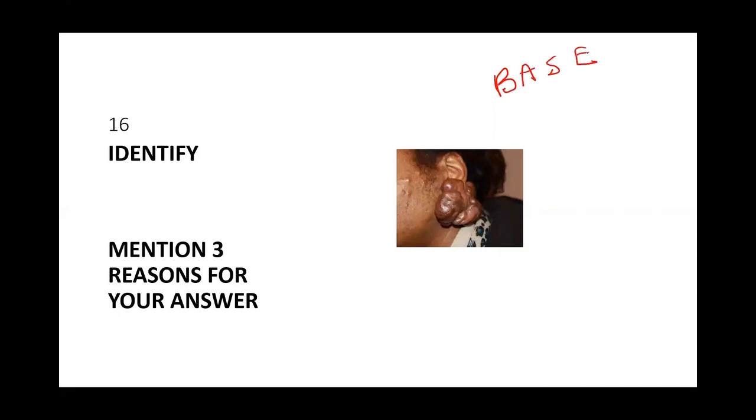Okay. Let me give you a minute. Type 4 is basement membrane. Type 4 is found in the basement membrane. You see, this is skin. Type 2, connective tissue.